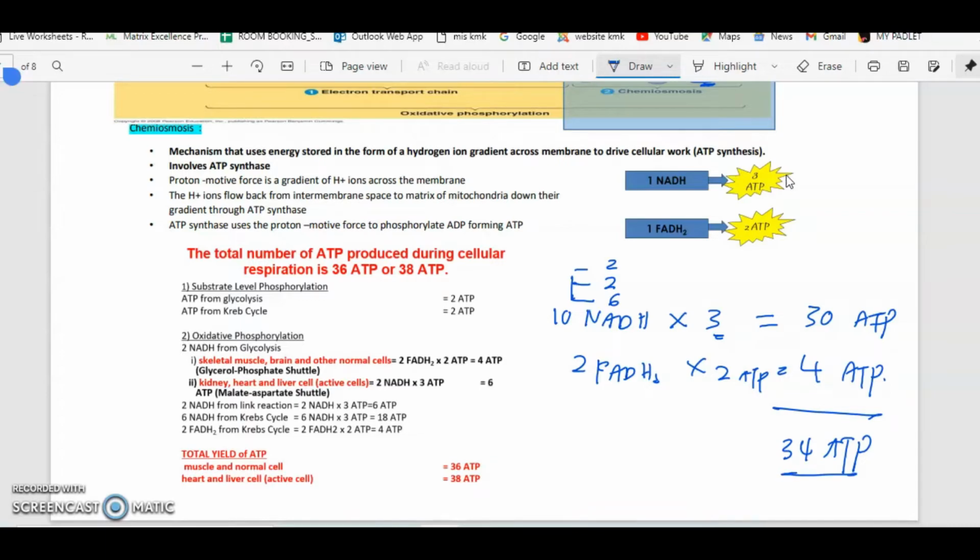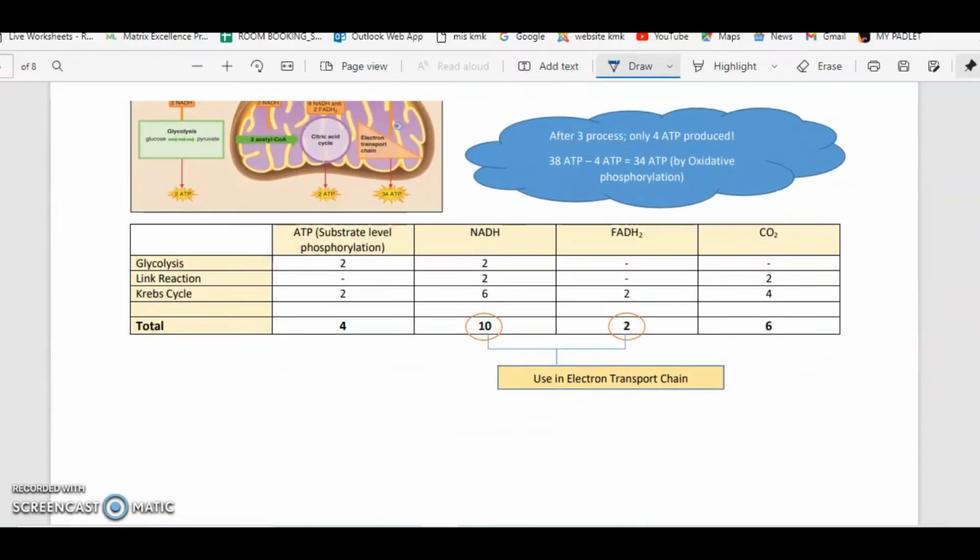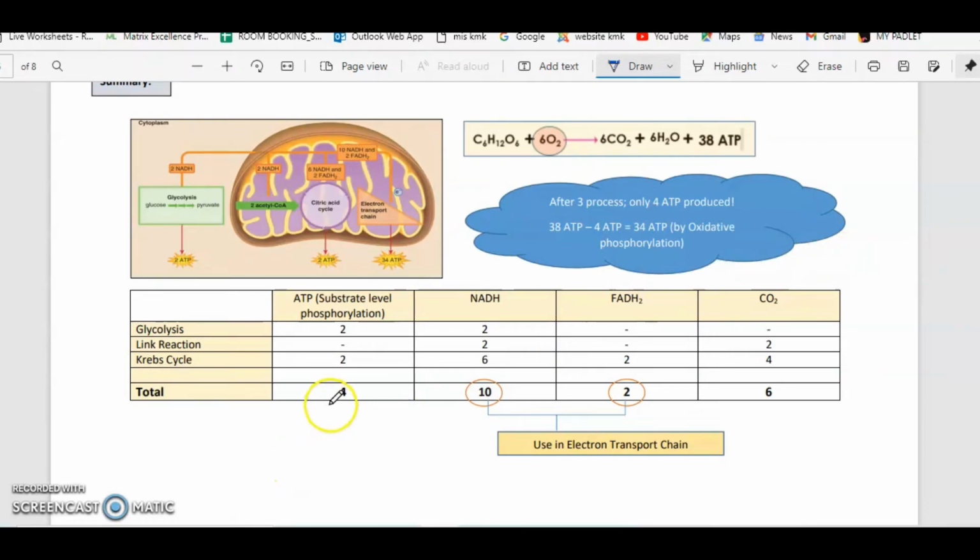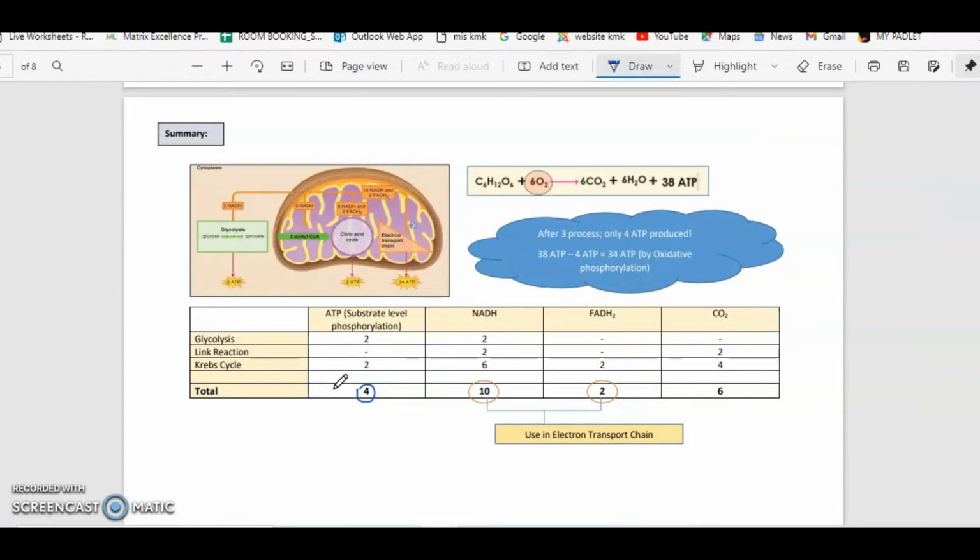Alright, so 34 ATP. Kita tengok balik equation kita, adakah semuanya dah lengkap? Kita dah dapat 4 ATP for substrate level phosphorylation, and we also have another 34 ATP from oxidative phosphorylation. So in total, we have 38 ATP.